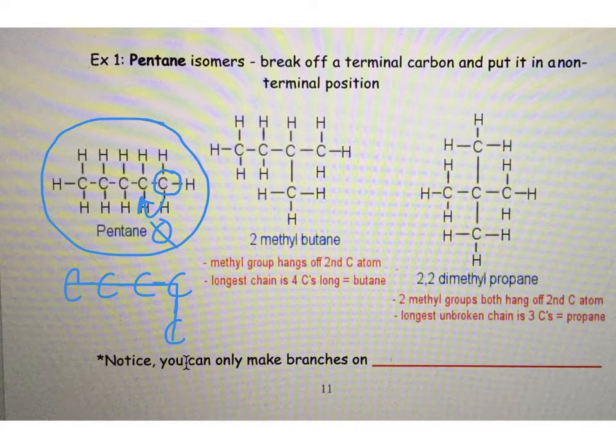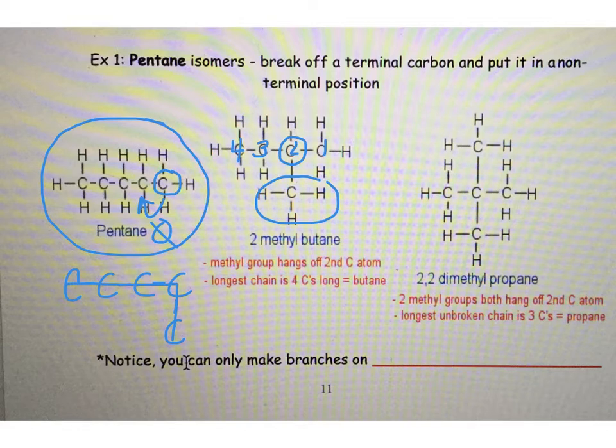Like you can see here, they moved it not to the end carbon, but they moved it to the second carbon. And you might say, well, second carbon, that's the third carbon. But remember, we number the chain left to right, right to left, so that the branch gets the lowest number. So in this case, if we number from right to left, it's 1, 2, 3, 4.